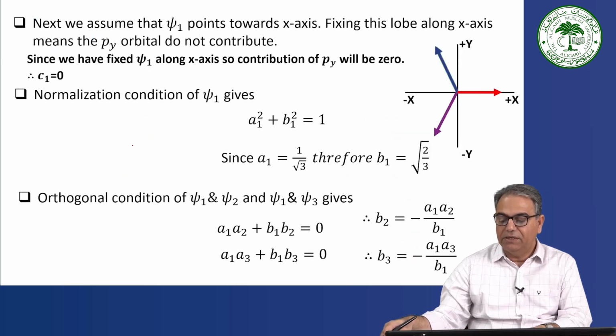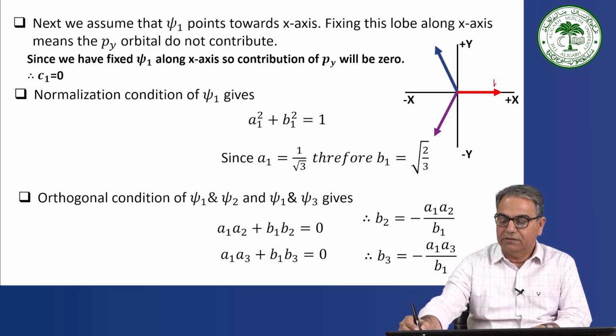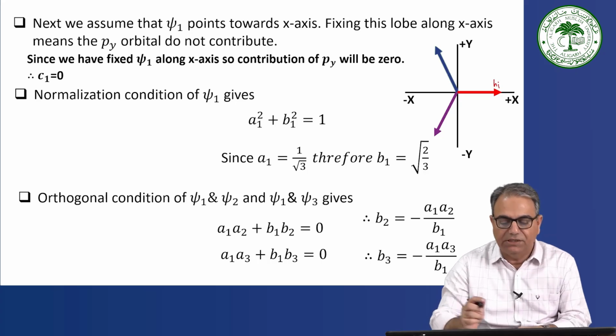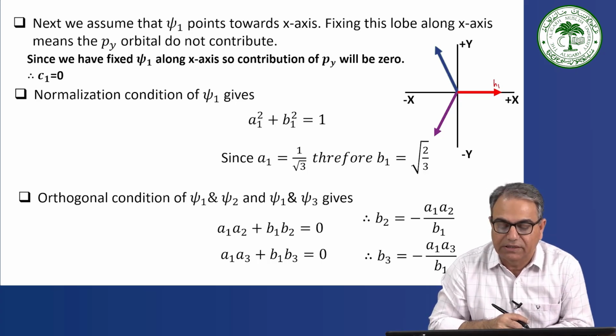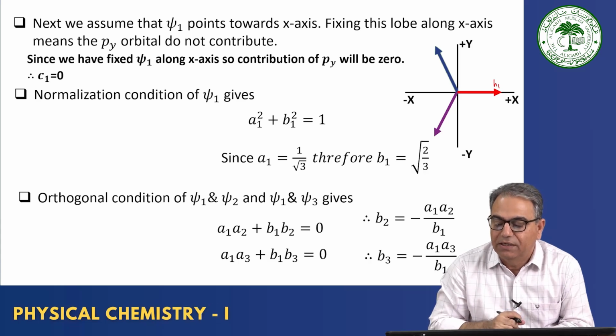Now we say that no, instead of doing it in between the axes, you fix one of the lobes, h1, on the x-axis, or the designation you can do anything, h1 on the x-axis. The moment you fix the lobe on the x-axis, then the contribution of py becomes nil, because it's along the x-axis, so py does not contribute.